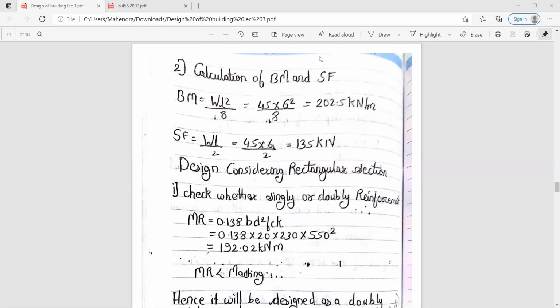So bending moment आपको मिलता है 202.5 kilonewton per meter. Then shear force also you are having the value, that is WL by 2. So just substitute the values for total load and the length. You will get the shear force, that is 135 kilonewton. So do up till here, then we shall proceed further.